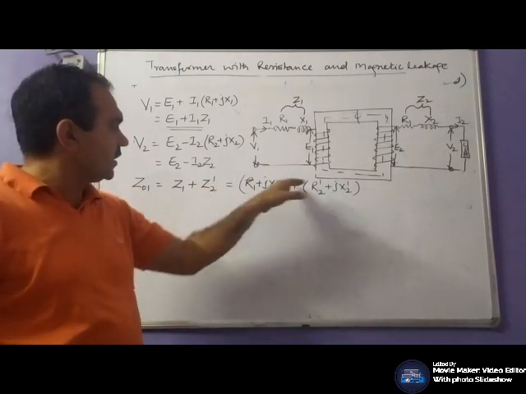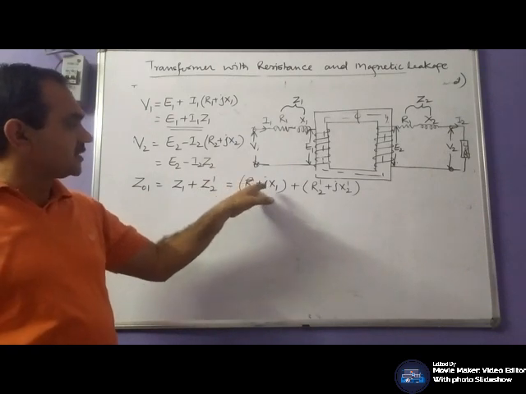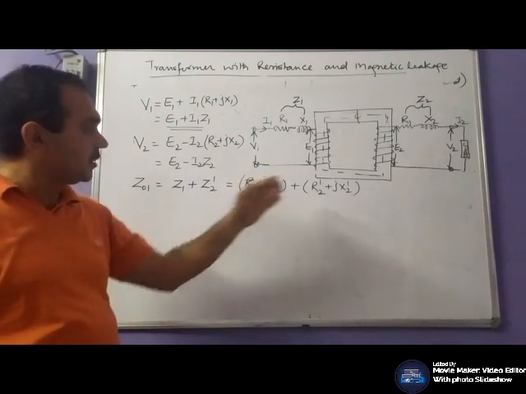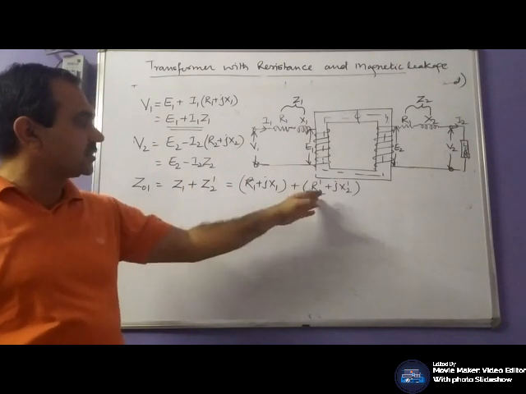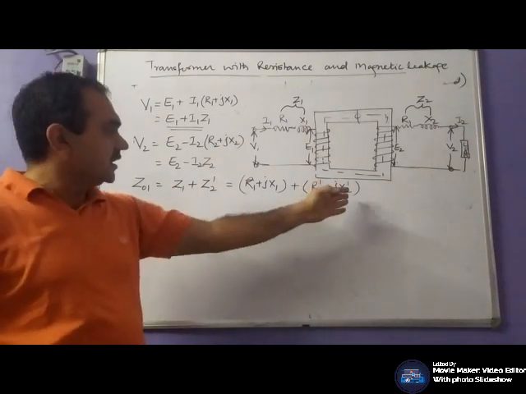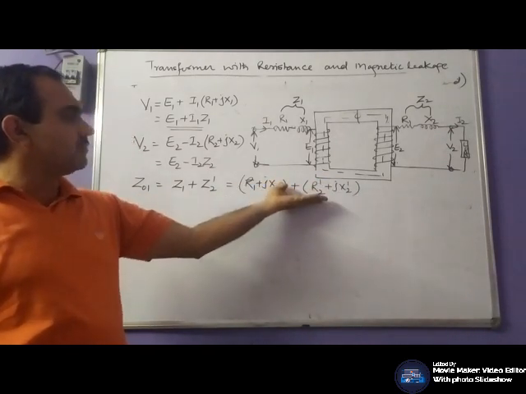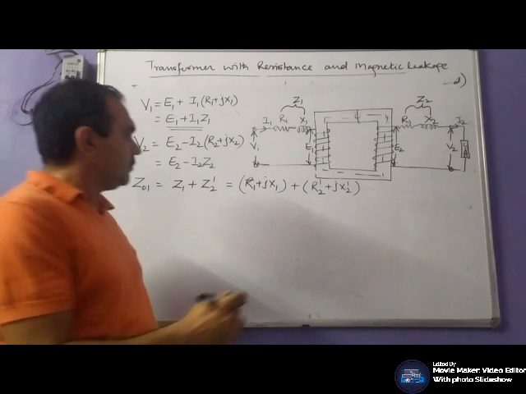We transfer resistance and reactance to the primary side in such a way that the percentage of voltage remains the same. Likewise, we transfer reactance and then find the equivalent impedance.